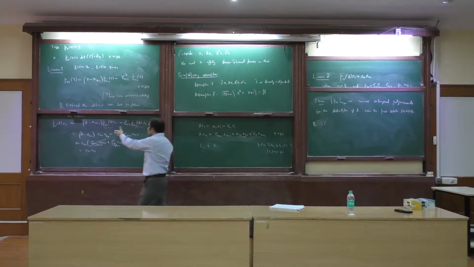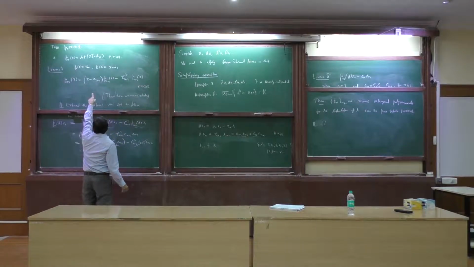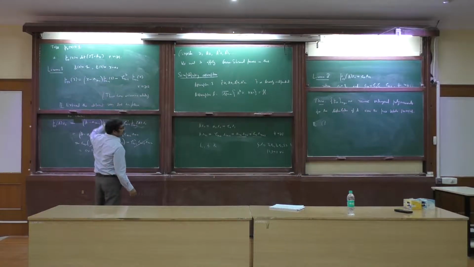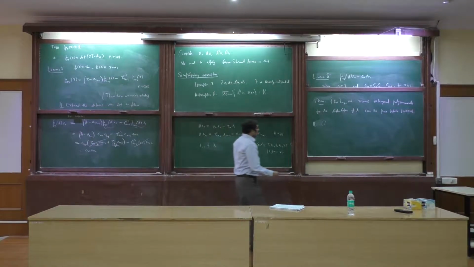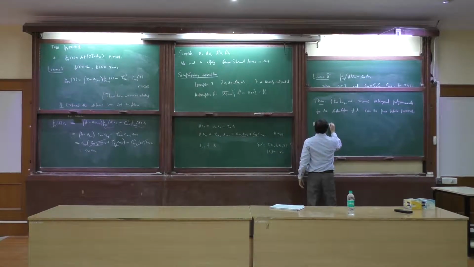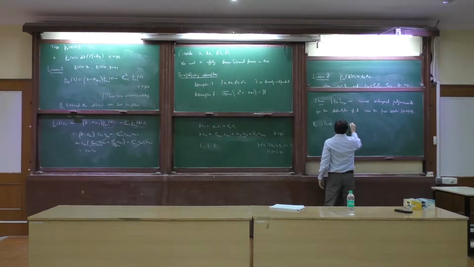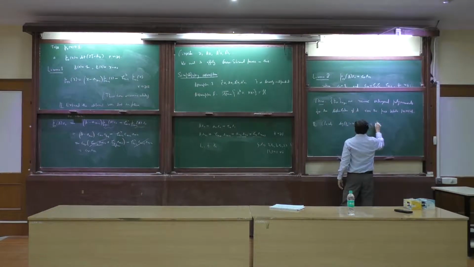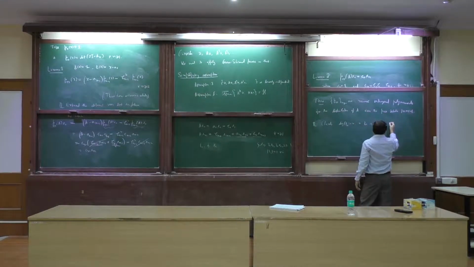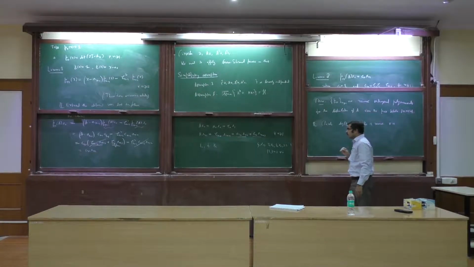P0 is 1 and Pn is the determinant, the characteristic polynomial. So clearly the degree of Pn equals n, and Pn is monic. That means the leading coefficient is 1. So that part is easy.